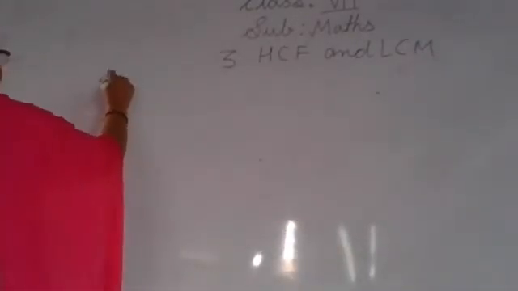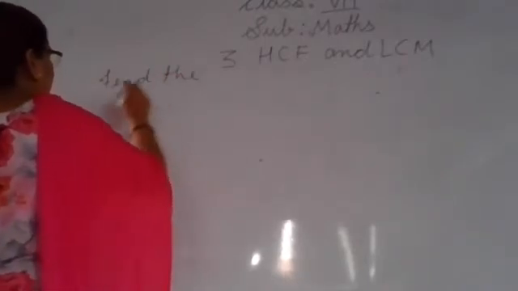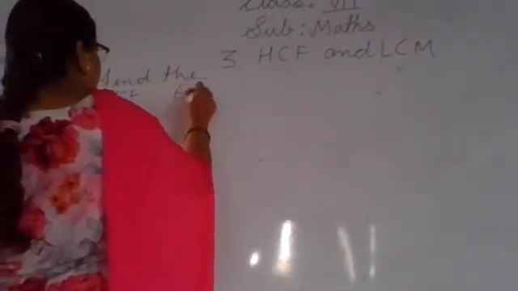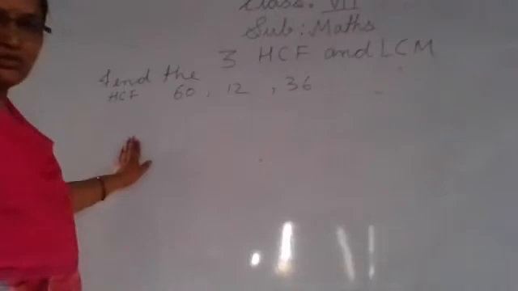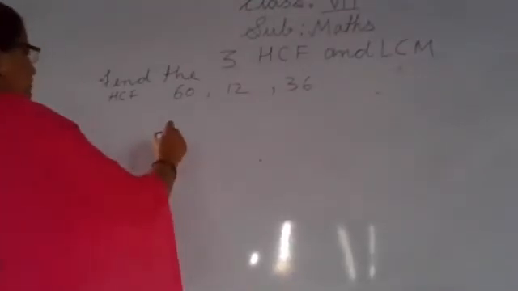Find the HCF of 60, 12, and 36. Okay, so instead of doing all separately, we will arrange all in one line.